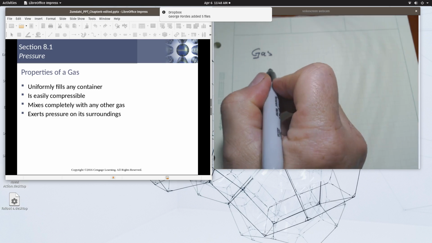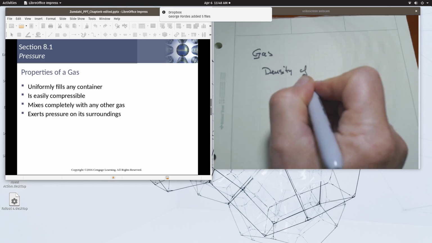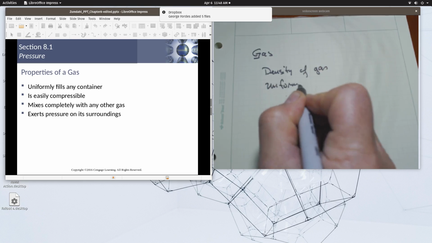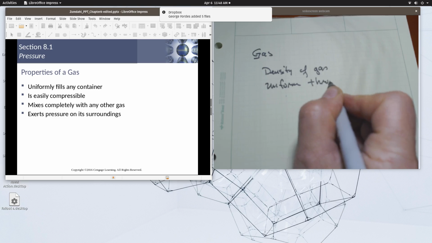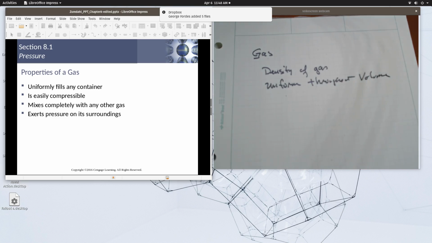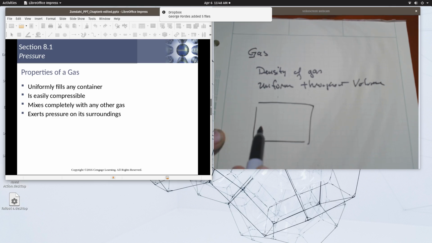So the density of a gas is uniform throughout the volume. That is simply to say that if I have a volume, I have the same probability of observing n numbers of gas molecules in that little volume as I do in this little volume over here.